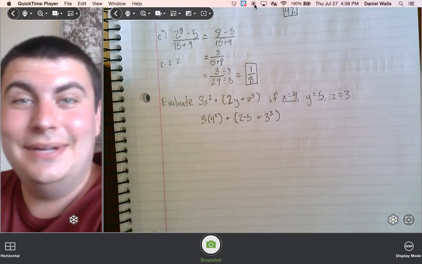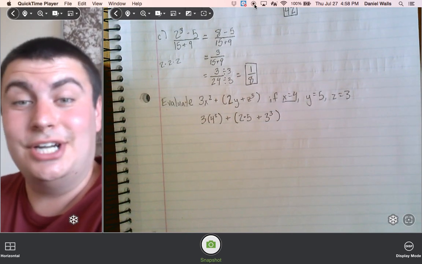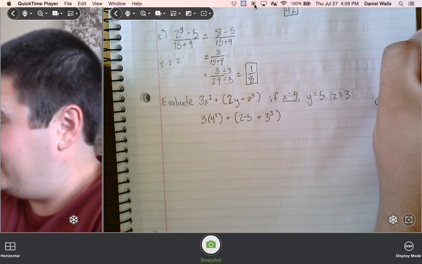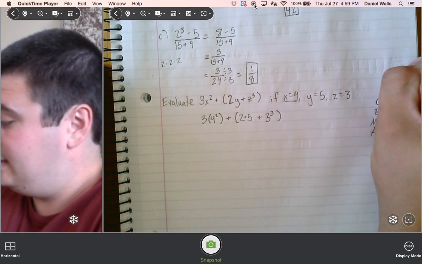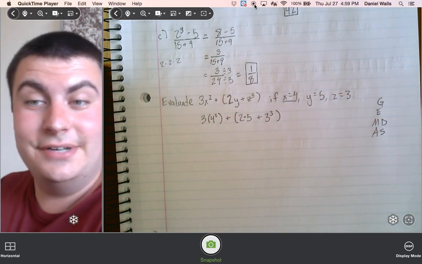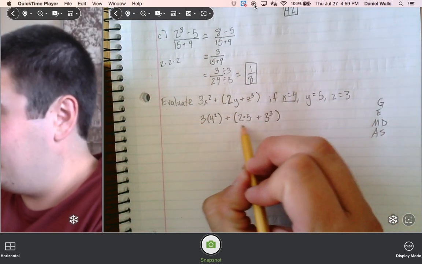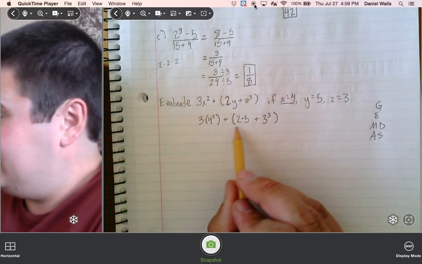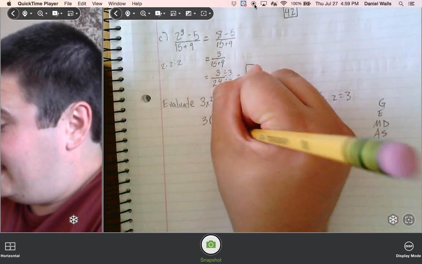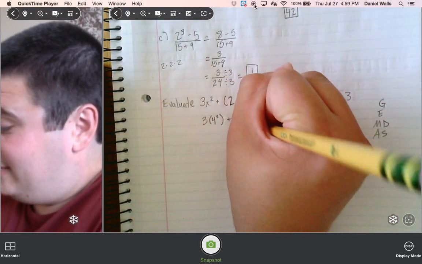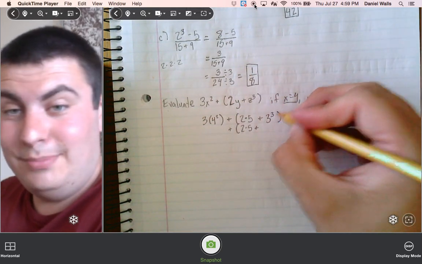And now we're going to evaluate just as we have been. So we're going to start with our grouping. Remember, we have G, E, M, D, A, S right there for our order of operations. So in our grouping, we're going to look inside. We don't have any other grouping, but we have exponents. So we're going to have 2 times 5 plus 3 to the third power.